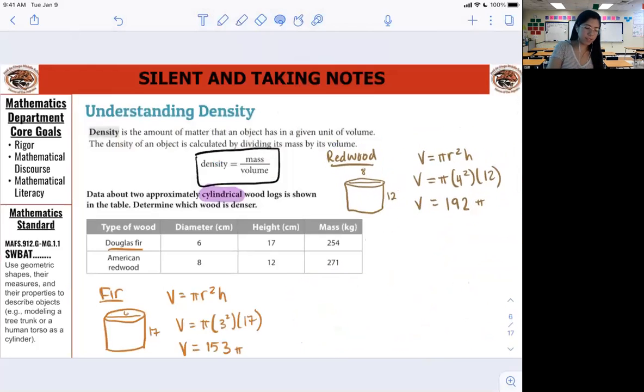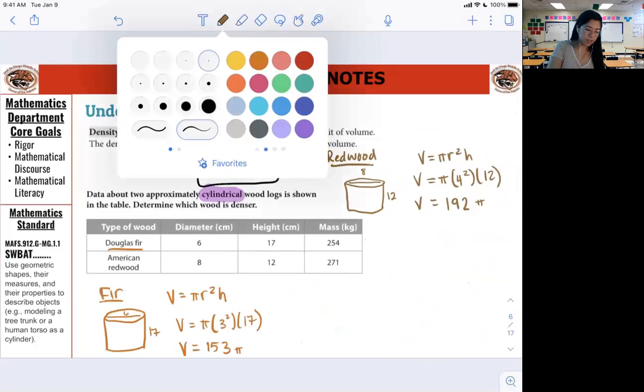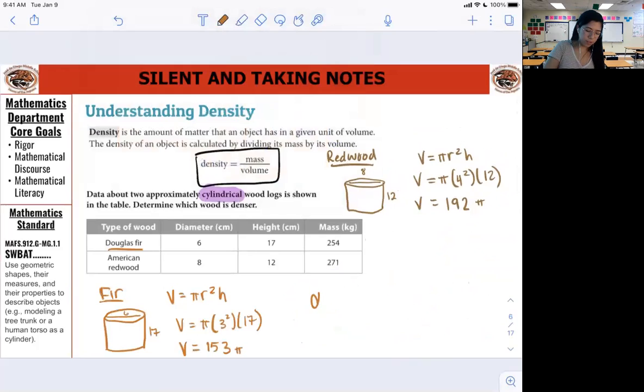Okay, let's find out. So now density equals mass over volume. For my fir tree, the mass is 254, so I'm doing 254 divided by 153 pi. Let's actually do what's 153 times 3.14. So this is about 480.4.